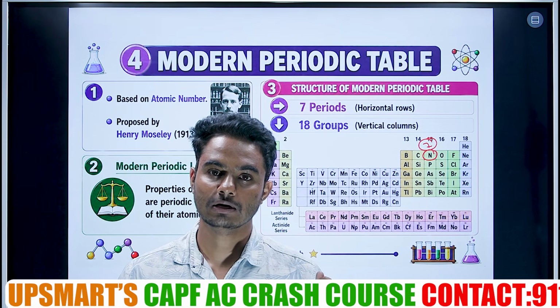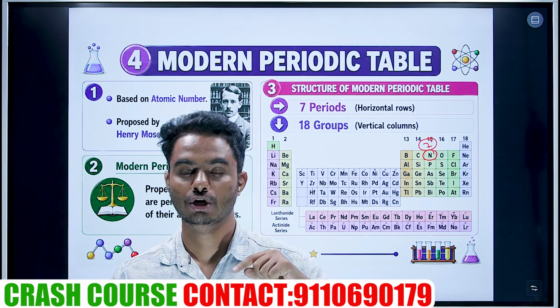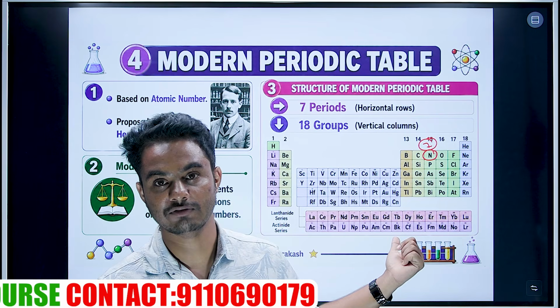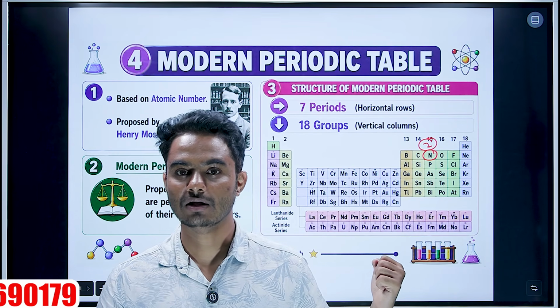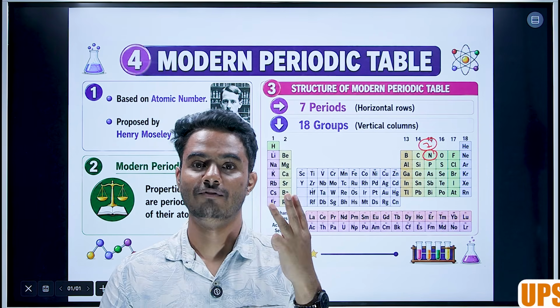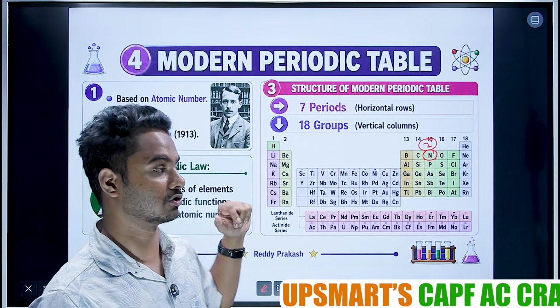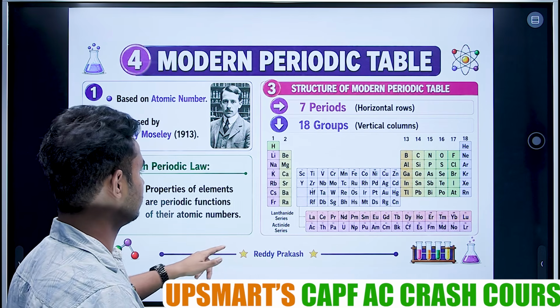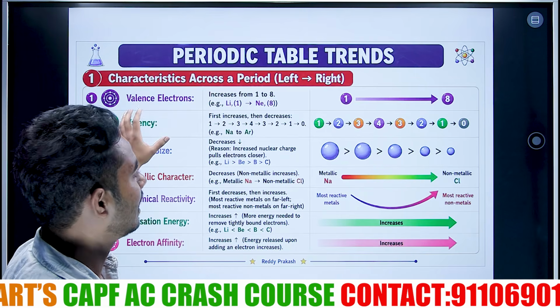The number of electrons required for stability in the L shell is either 0 or 8. Gaining 3 electrons is easier for nitrogen than losing 5 electrons. So the valency of nitrogen is 3. Valence electrons of nitrogen is 5. I am speaking about valence electrons now, so don't get confused between valency and valence electrons.